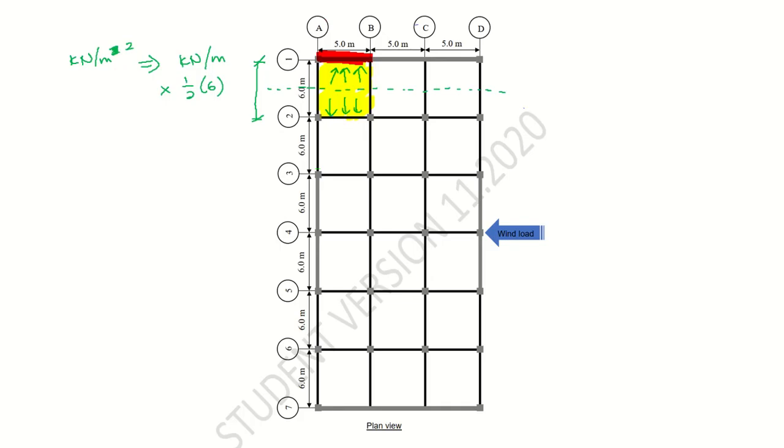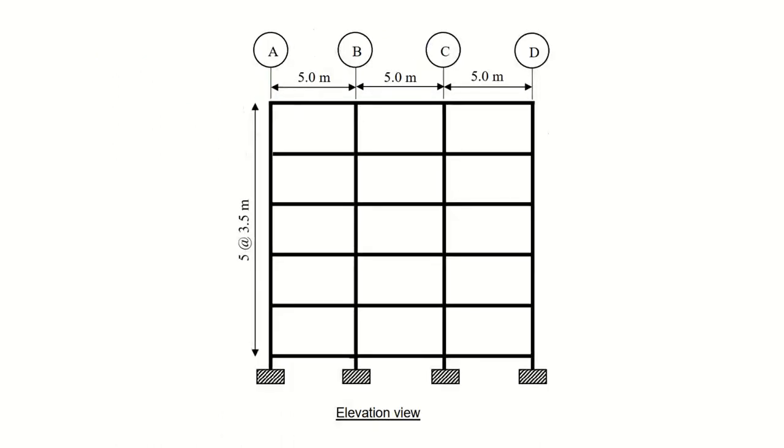Instead of times with the 6/2 here, this is for the slab, right? We are considering the slab just now, but for the wall, kilonewton per meter square for the walls. Let's say you are at wall 1 here. Let's say this is wall number 1. Everything here is wall number 1.